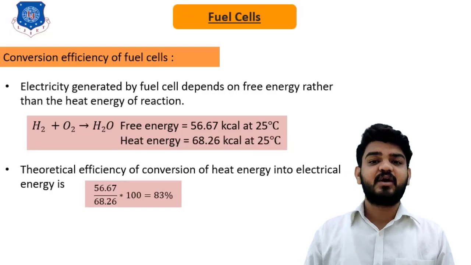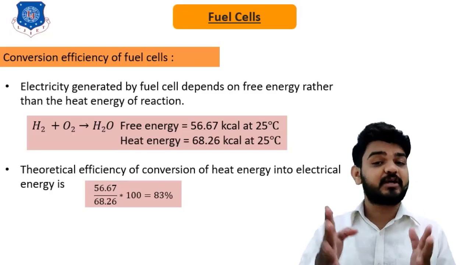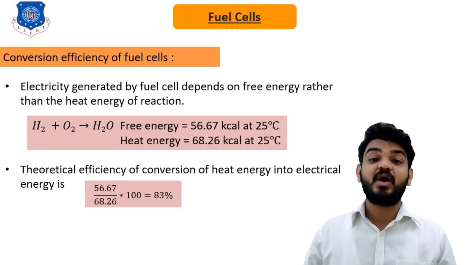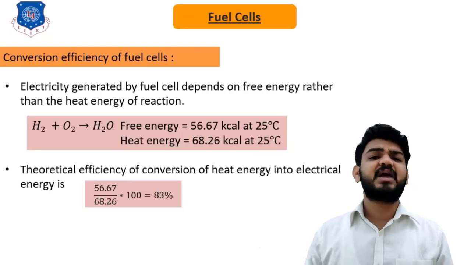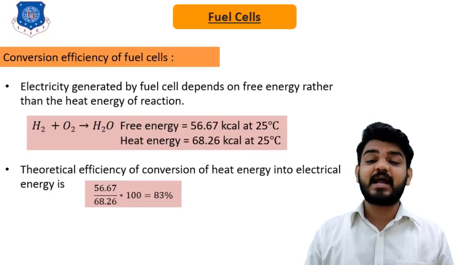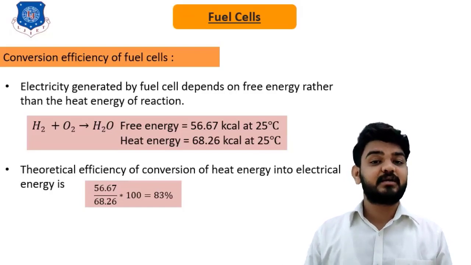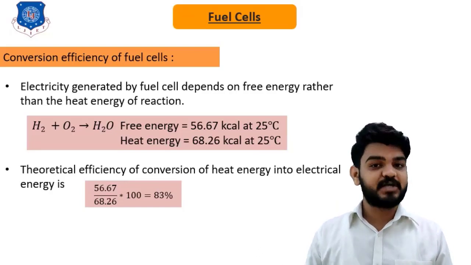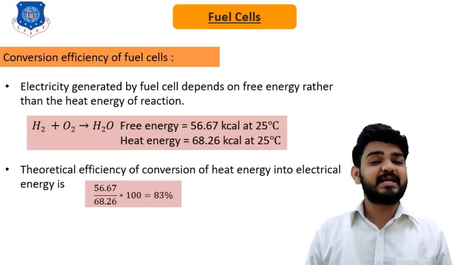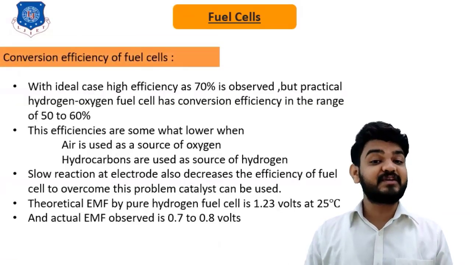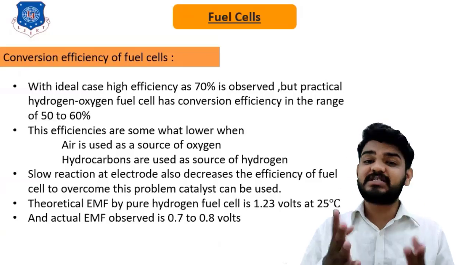The heat energy for formation of liquid water is 68.26 kilocalories at 25 degrees Celsius and 1 atmosphere. Thus, if we find the conversion efficiency of the fuel cell, it is around 83%. In the ideal case, around 70% efficiency is observed. But in a practical case, a typical hydrogen and oxygen fuel cell produces an efficiency of around 50 to 60%.